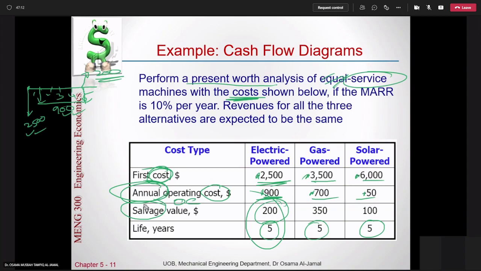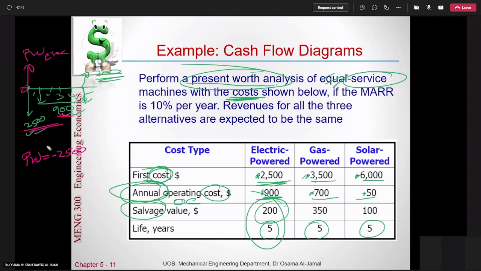5. To write the standard notation, what is required from us here is to find the present worth. So the present worth will equal that 2,500 at time 0. We'll keep it as it is, but don't forget it's downward, so negative 2,500.